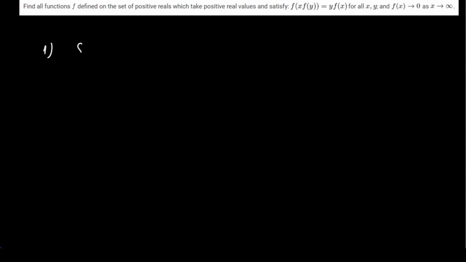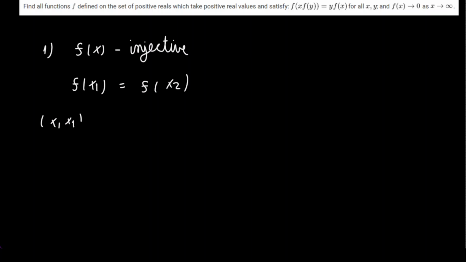First of all, f is injective. Why? Well, if I suppose that f(x1) is equal with f(x2), when I consider x and x1, I will have that f(x f(x1)) is equal with x1 times f(x).